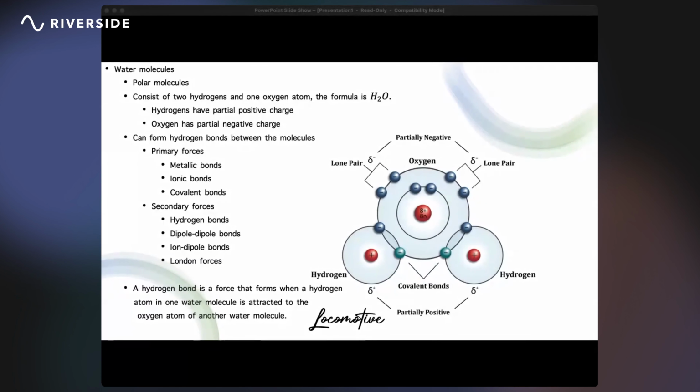A hydrogen bond is a force that forms when a hydrogen atom in one water molecule is attracted to the oxygen atom of another water molecule. These bonds are weak individually, but their large numbers cause a significant total force keeping the molecules tightly together.